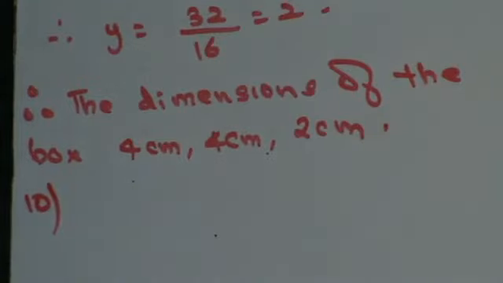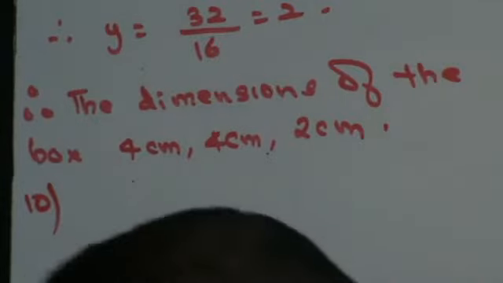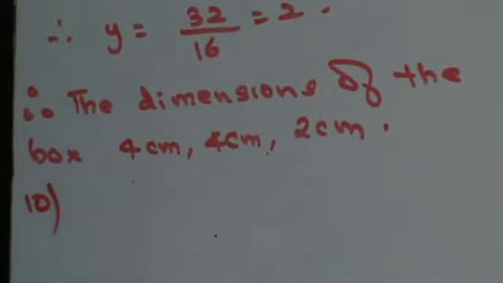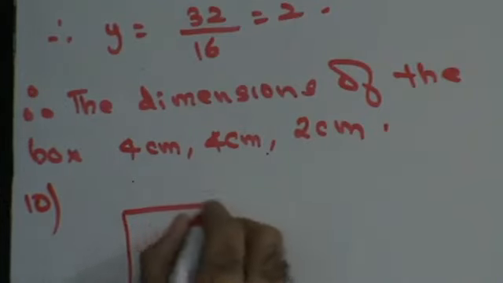A sheet of paper has an area of 18 square meters.